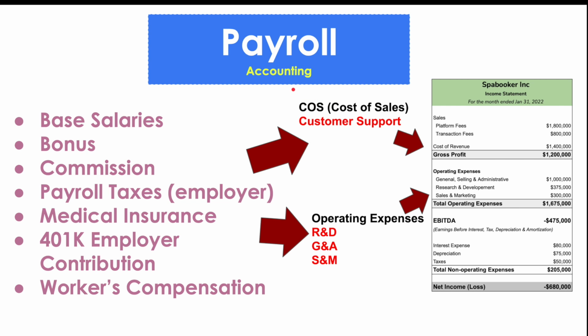If you remember, we looked at the accounting for payroll, and we said some of these components of payroll will go to cost of sales if it's customer support, because this is directly related to supporting the function of the sales of the company. And then we got operating expenses, that's the rest of the team: R&D, G&A, and S&M. For me to achieve that, I have to create 2 sets of GL accounts, one for cost of sales salaries and one for operating expenses salaries. Let me show you that here in a second.